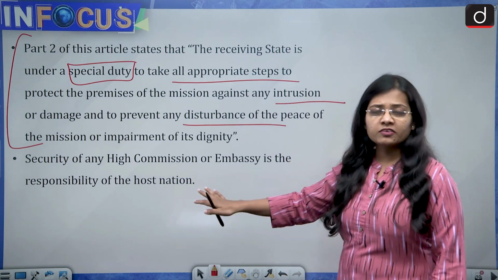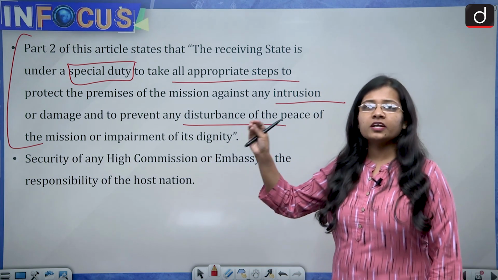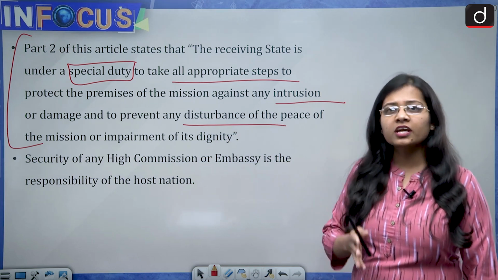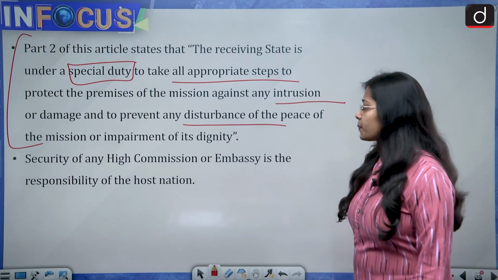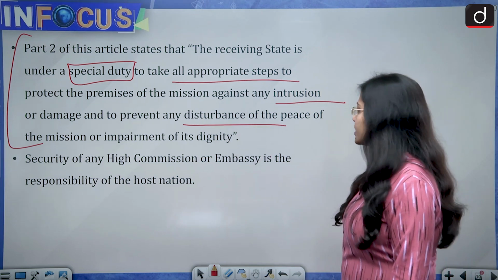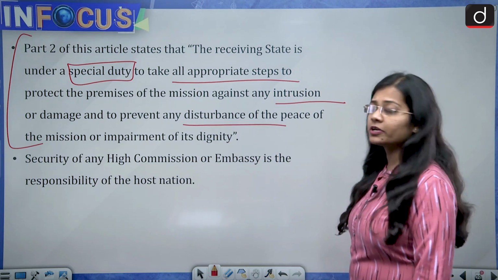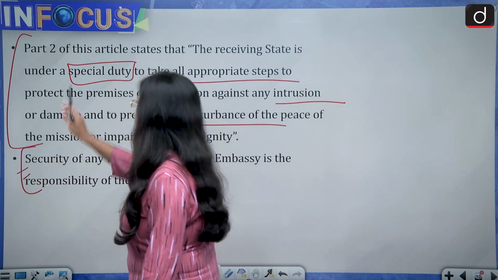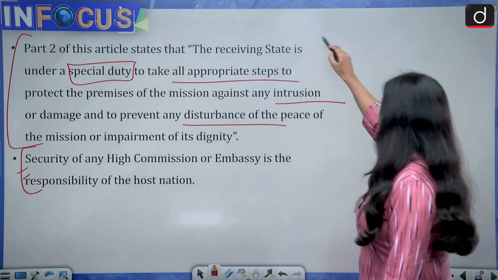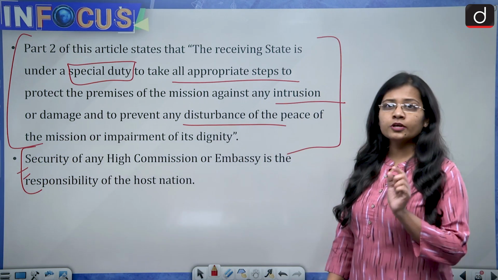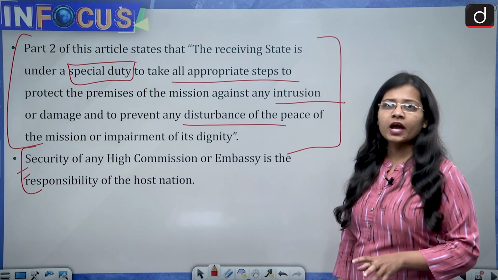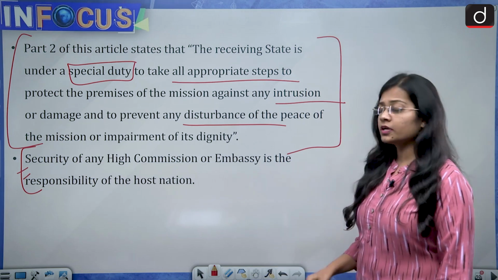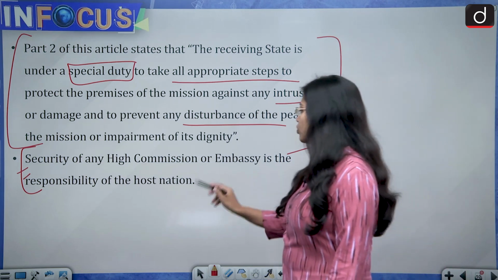So in the present case, it should be the responsibility of the United Kingdom, because the United Kingdom was the host country. The security of any High Commission or embassy is the responsibility of the host nation. If I sum up this paragraph in layman's terms, in a single line I can say that the security of any High Commission or embassy is the responsibility of the host nation.